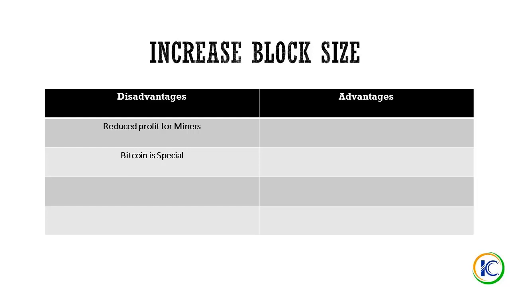Now the second disadvantage is that some people in the Bitcoin community think Bitcoin is special. Bitcoin is not meant to be our daily currency. They think that Bitcoin has a higher purpose than just being a regular currency, and that's the reason they don't want the block size of Bitcoin to be increased.